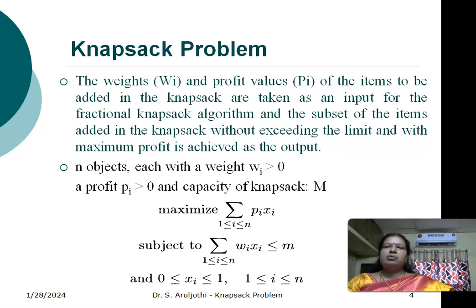Sometimes it is 0. This is the given information in the knapsack problem. We have to attain our maximum profit with the help of these values. Maximize profit subject to the weight being less than or equal to m, where x is a fractional value that varies from 0 to 1, n is the number of objects, and i varies from 1 to n.